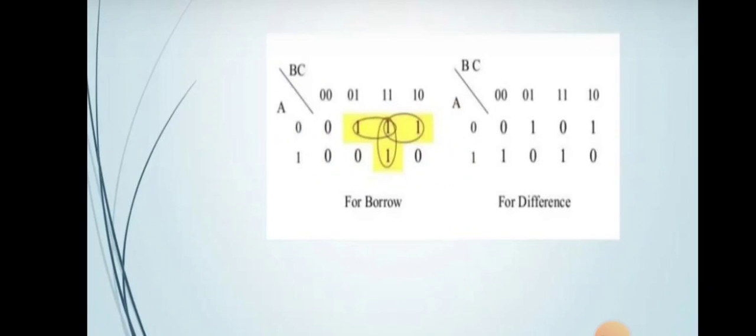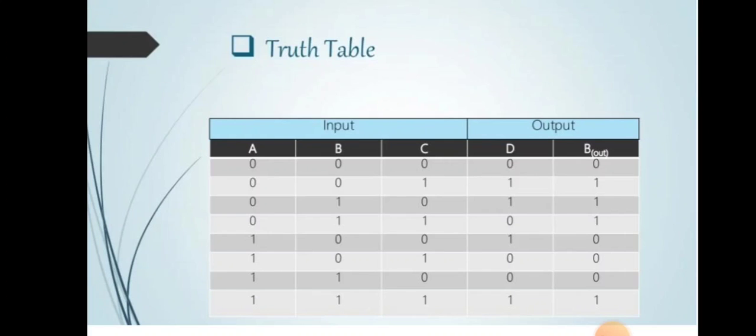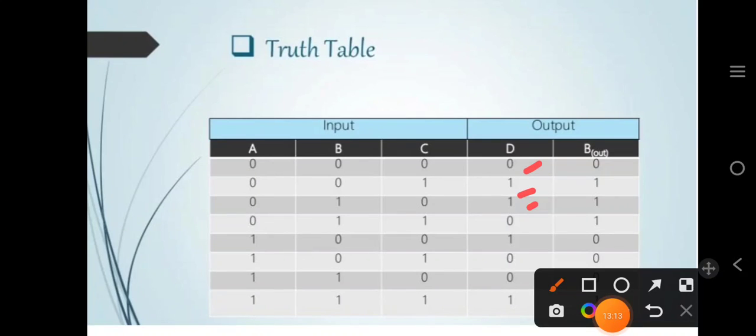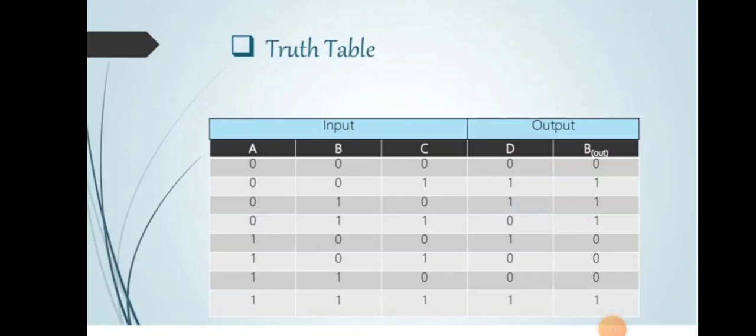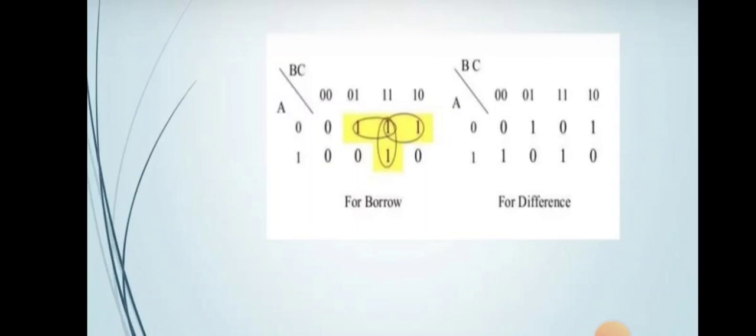This will be important while writing the equation. So referring to the truth table, you can see the output 0, 1, 1, 0, 1, 0, 0, 1. All these you can plot in this K-map. So 0, 0, 1, 0, 1, 1, 1, 0. These are the borrow and these are the bits for difference. So after plotting this, the next step is to make the groups of 1.